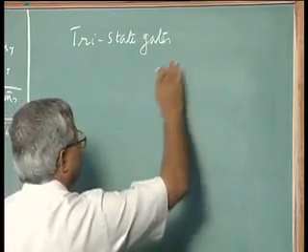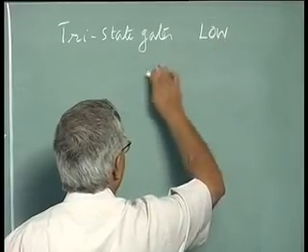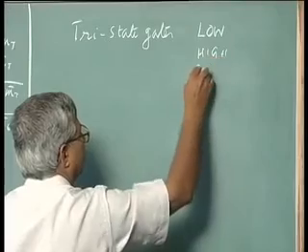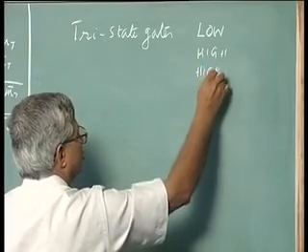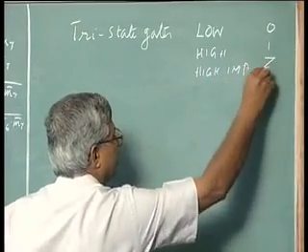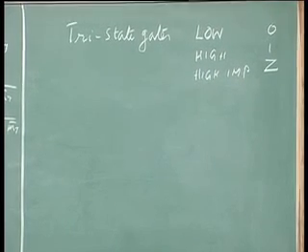The signals of tri-state gates have three states: low, high and high impedance. So this is 0, this is 1, this is Z. This third state is why it's called a tri-state.